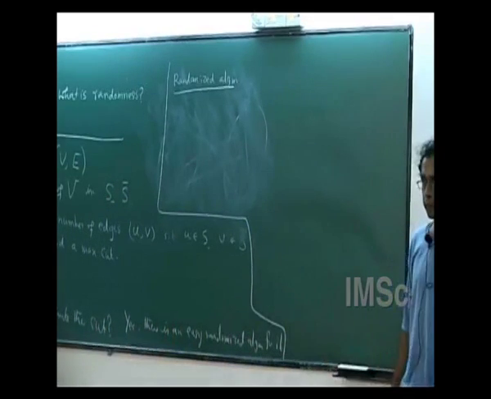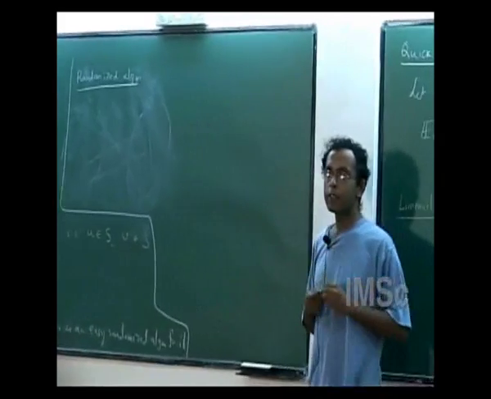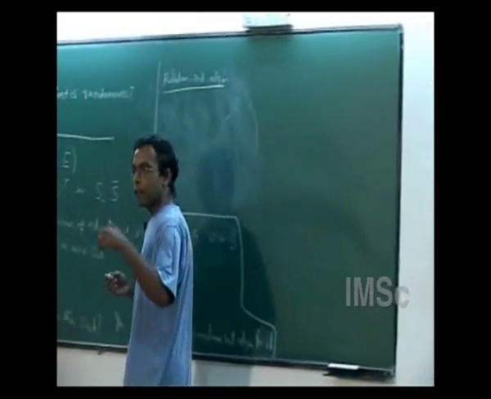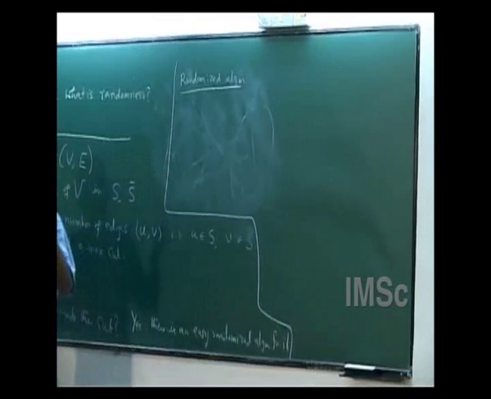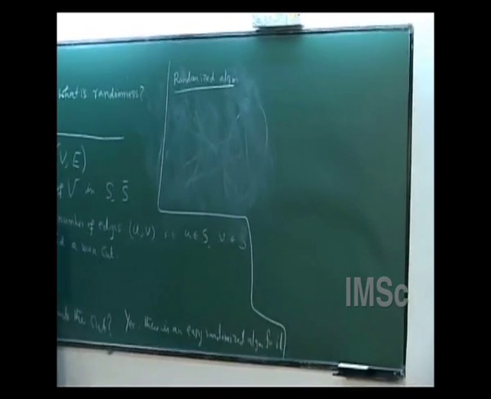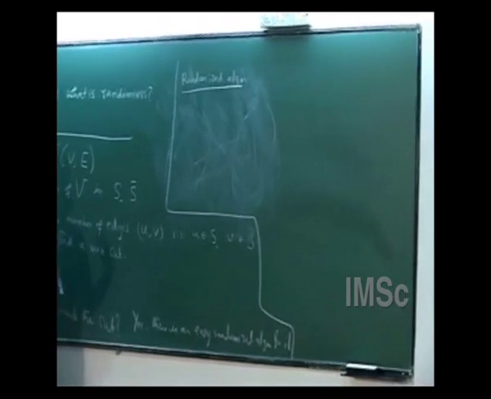It's very obvious. Take a vertex v and toss a coin. If you see head, put the vertex in set S. If you see tail, put the vertex in S complement. This is the most obvious strategy that you can think of, and it turns out that it works well.